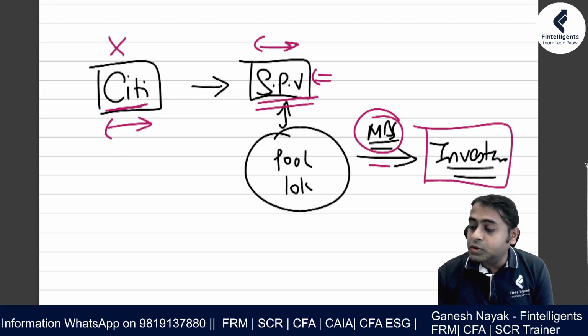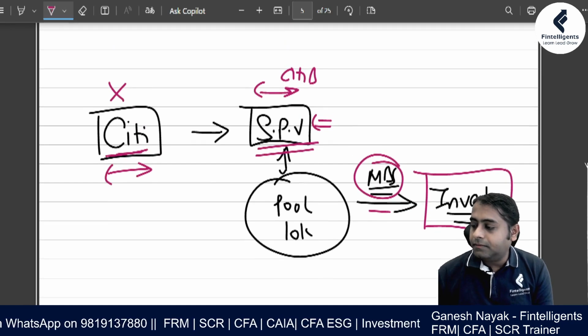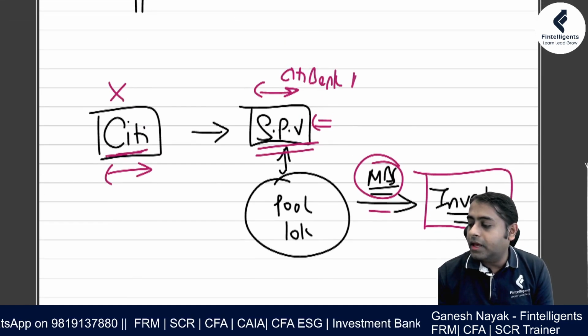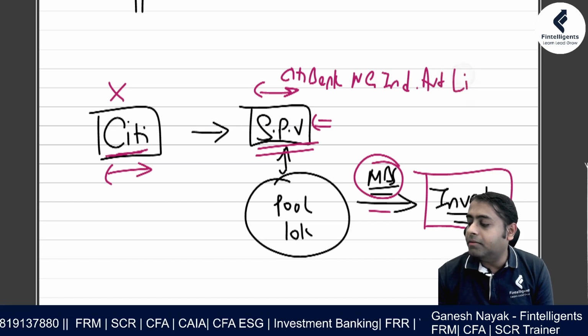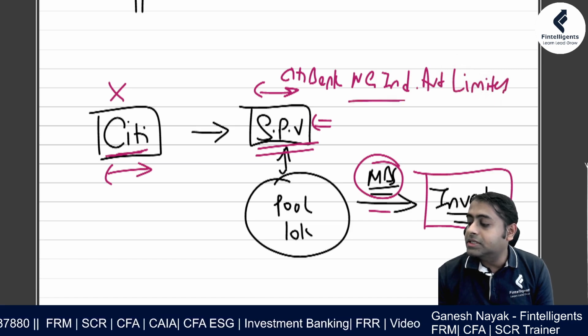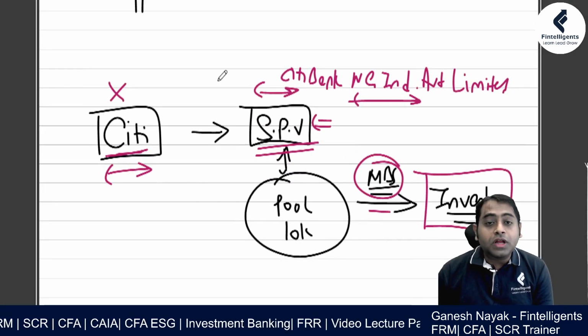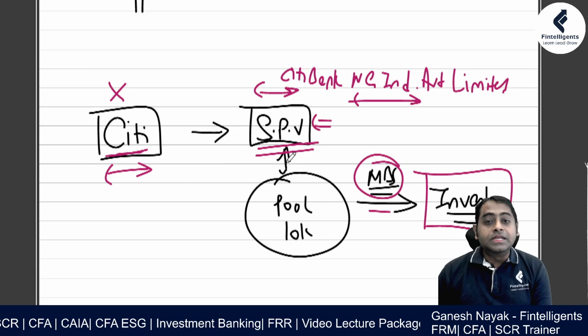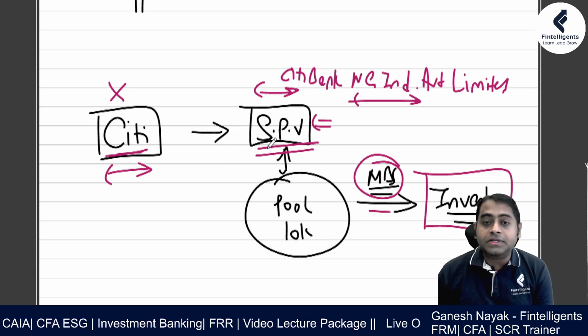Because the special purpose vehicle is a different company, so you have a good amount of protection. The risk is reduced. If tomorrow Citibank collapses, there is no financial risk.